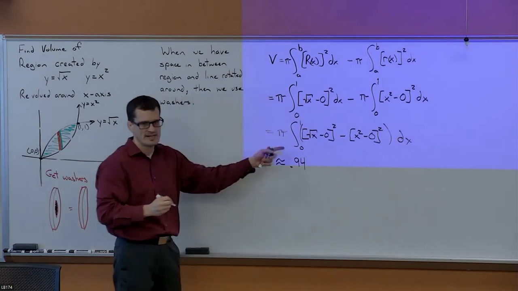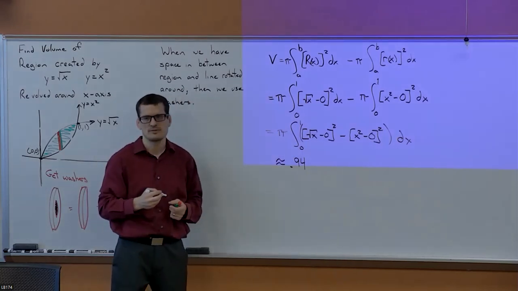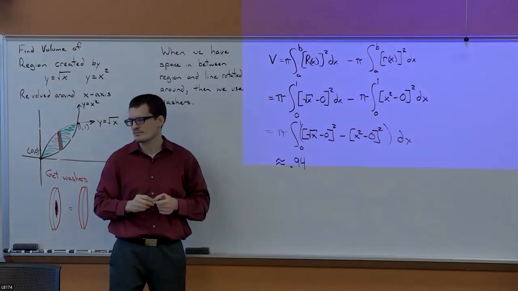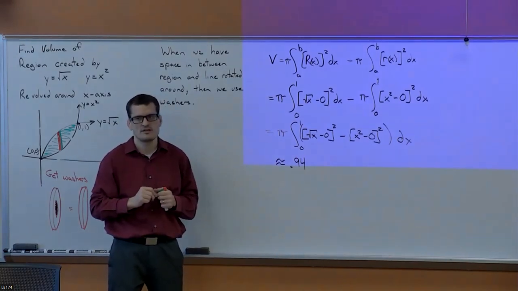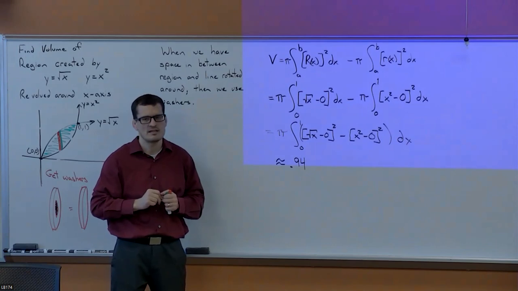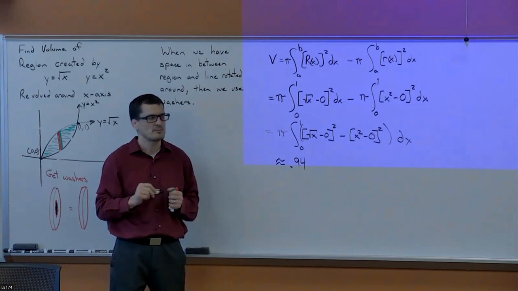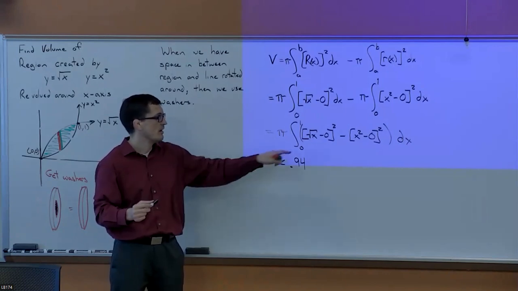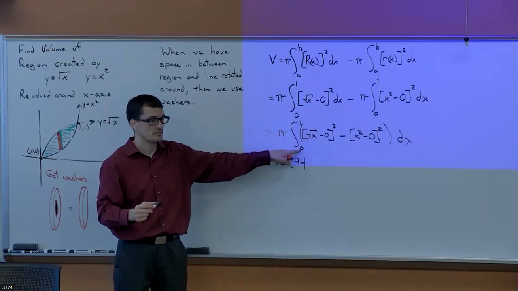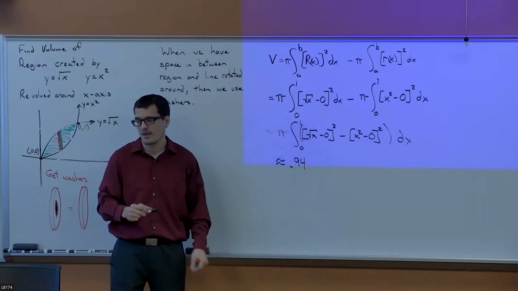So you could combine it like that if you'd like to. And that's how the book does it a lot. They'll use capital R squared minus lowercase r squared, all inside of the integration from a to b, all times pi.